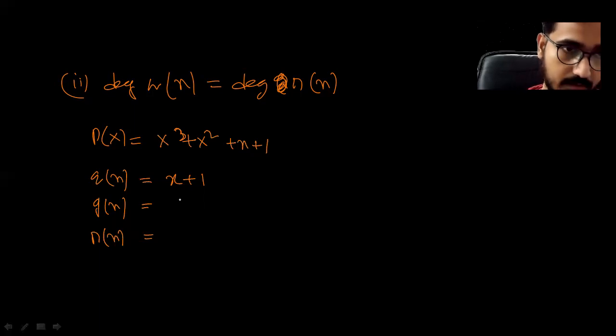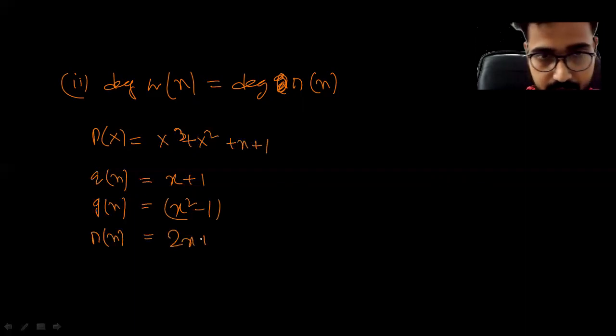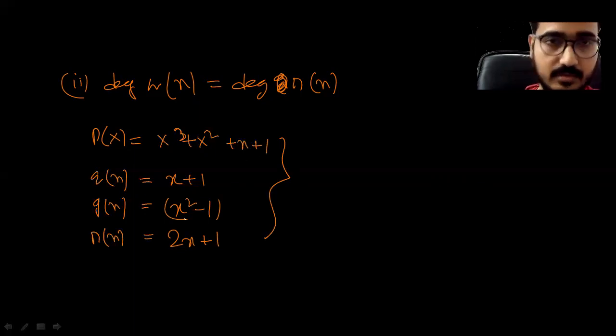Yes or no? You take g(x) equal to x square minus 1, and then when you apply the division algorithm, r(x) will be 2x plus 1, that means a linear polynomial. You have to memorize some examples, okay. This one is not important from the exam point of view.